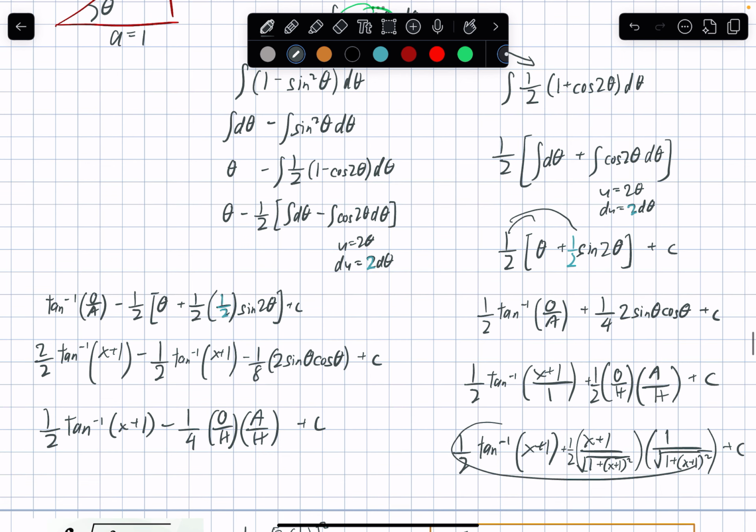Supposedly the answer is the same. We will end up in the same answer. That this is this. However, the fraction. This is 1/2, this is 1/4.